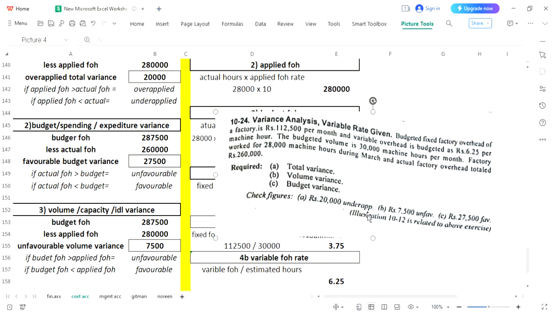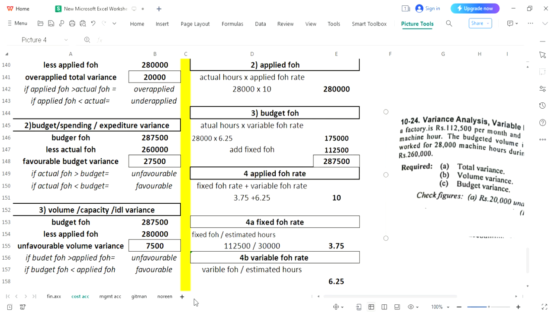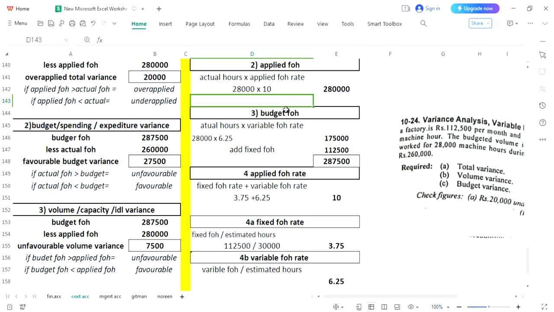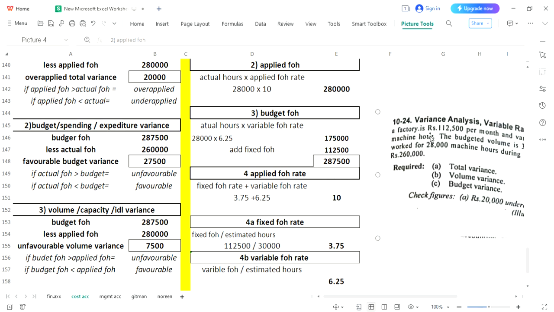Sometimes it happens you have your formula, but without applying your formula you can have your answer, since the question was supporting. So this 6.25 was the variable FOH rate which we have added into the fixed FOH rate. We have calculated the fixed FOH rate by dividing fixed upon estimated hours. Answer was here. So by adding both we have calculated the FOH applied rate. These three rates were used to calculate budget FOH and applied FOH. So in this way our question has been completed.